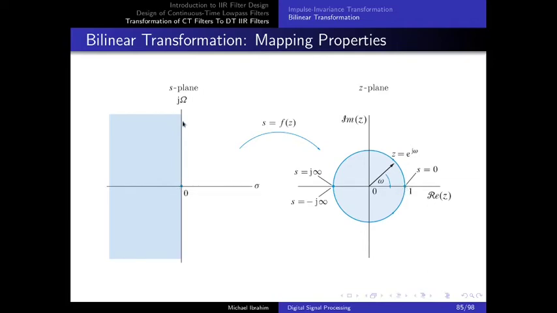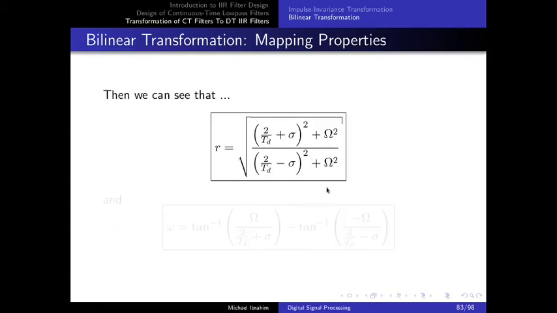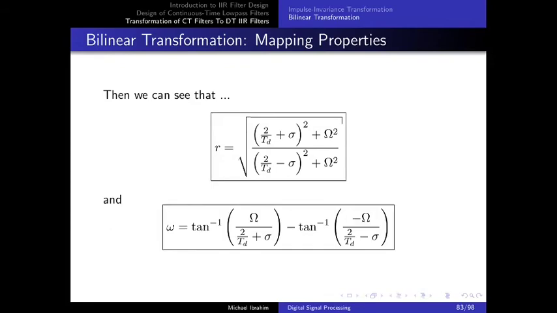What if omega goes to positive infinity? If omega goes to positive infinity, you will get to this angle omega small equal to pi, and if omega capital goes to minus infinity, you will go again to pi or minus pi, which are equivalent to each other. Going back to the equations over here, if you set omega capital to infinity, again the numerator and denominator will be equal to each other, and r will be equal to 1, so you're still on the unit circle.